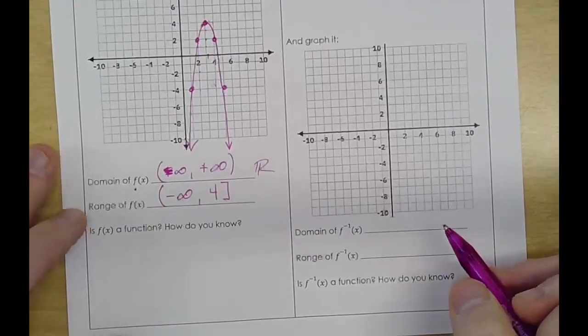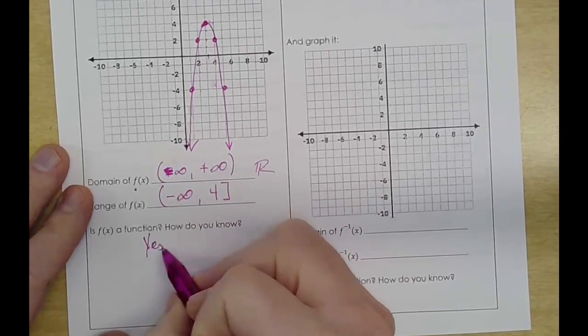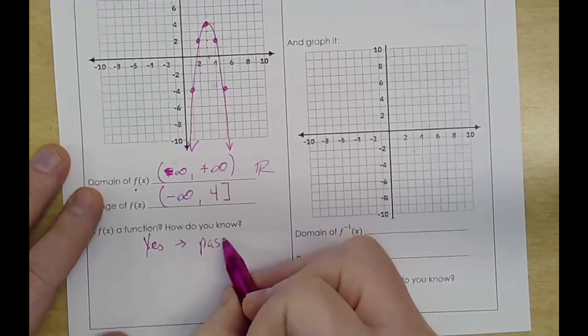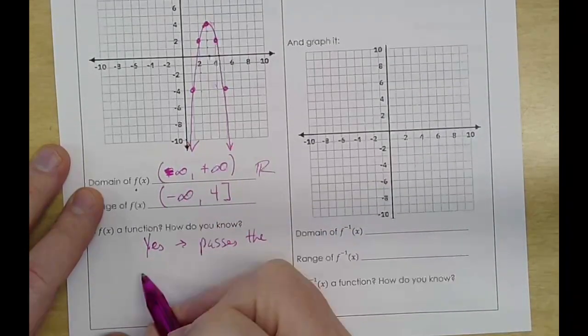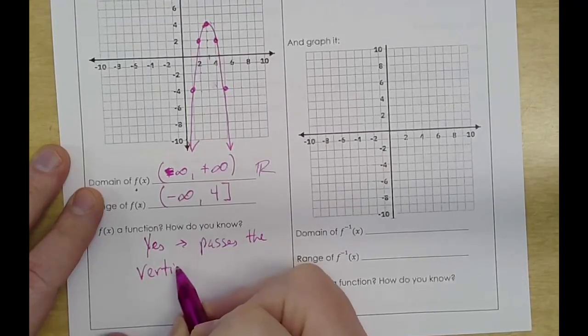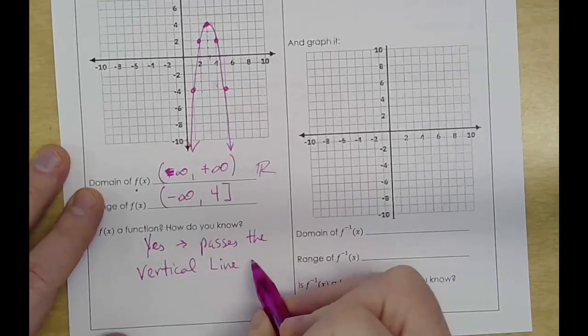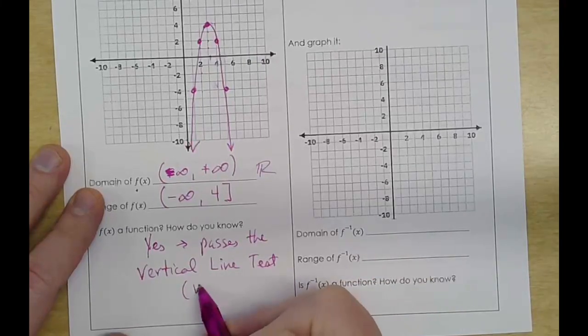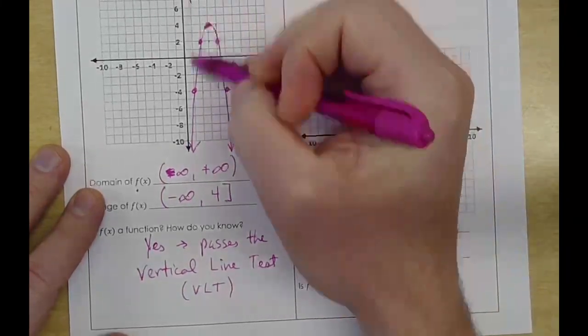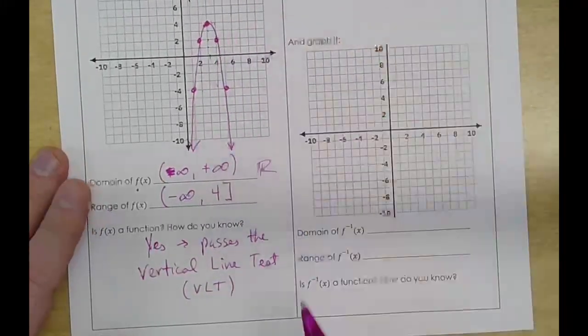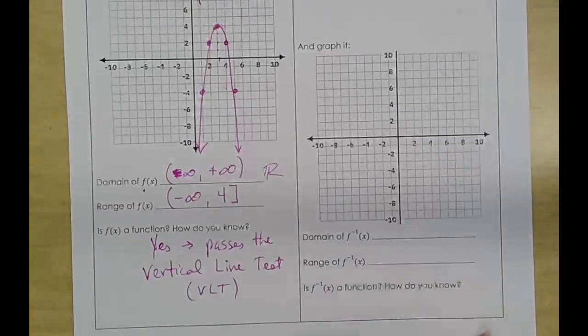Is it a function? Yes. It passes the vertical line test, VLT. If I draw a vertical line, it can only hit the graph one time. Any vertical line I draw can only hit the graph one time.